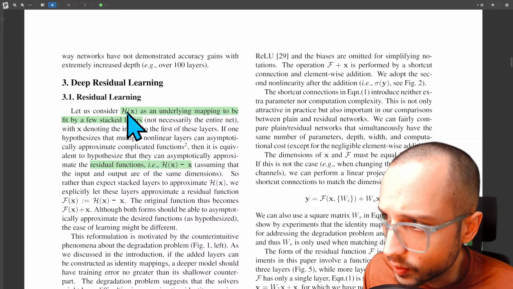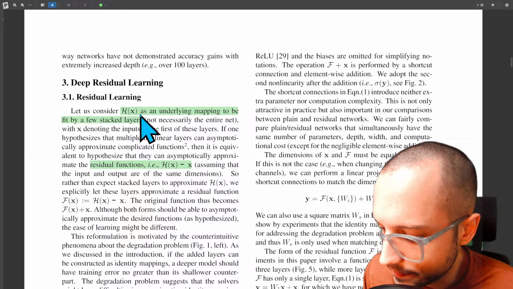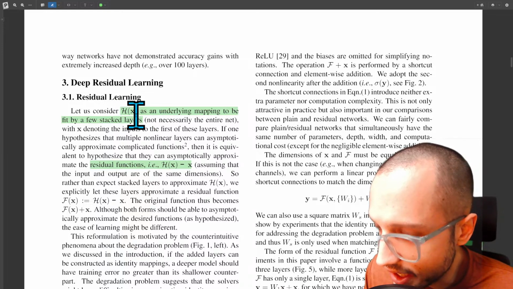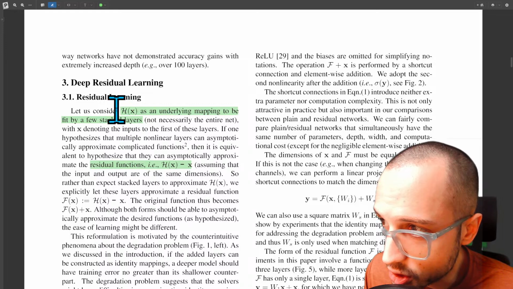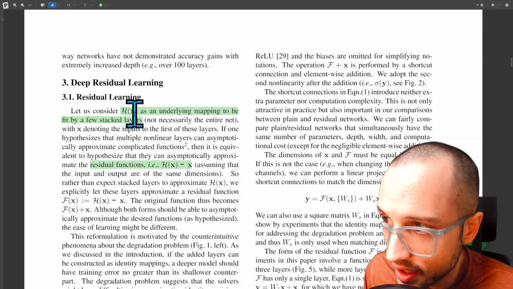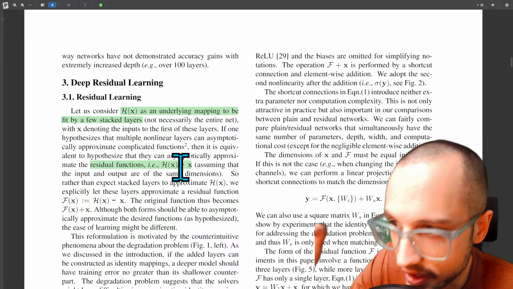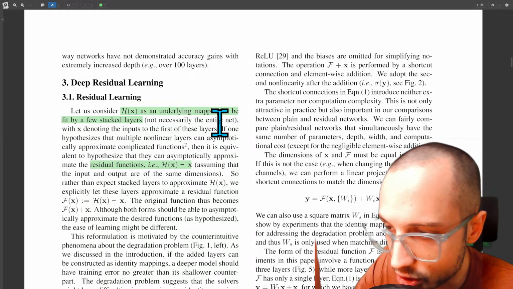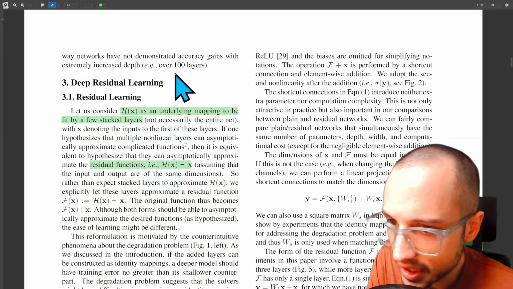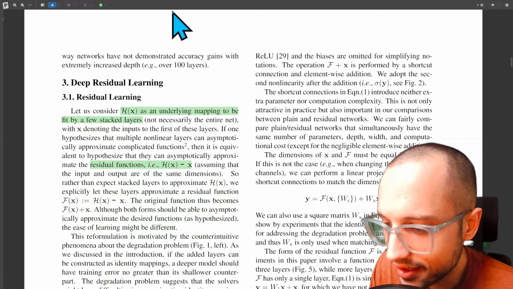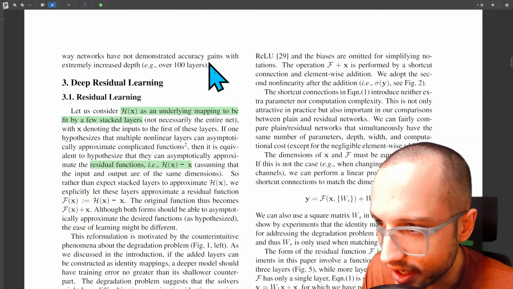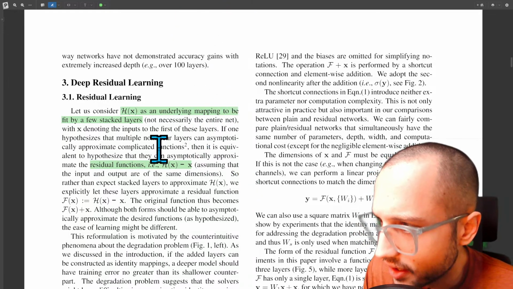So what they're saying here is that their neural net is trying to approximate a function h of x, right? And they're saying that the residual function, which is h of x shifted, so minus x, so just basically you're shifting it a little bit, should be able to get approximated by a neural net as well.